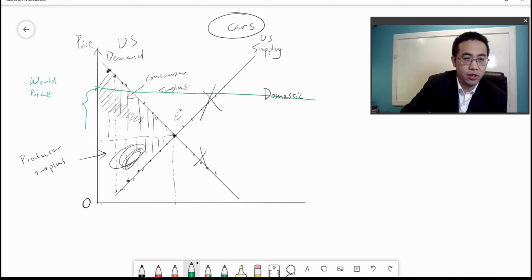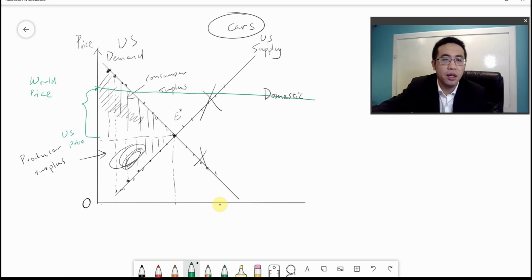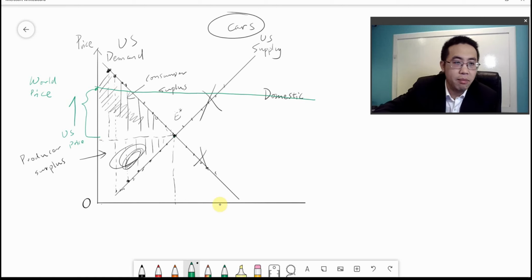This is the difference between the US price and the world price. Does that affect the consumers? Yes, the US price is driven up by the world price. So we go with the world price in this country now. A lot of consumers who could afford it previously will be out of the market, because they cannot afford the world price.